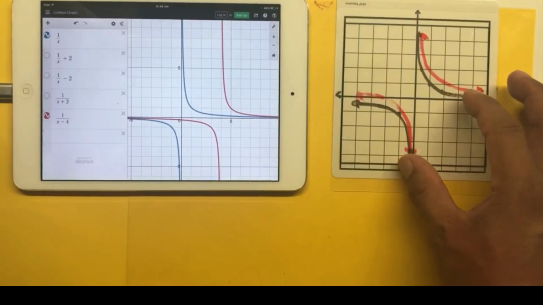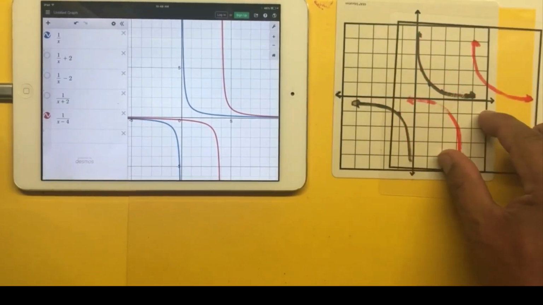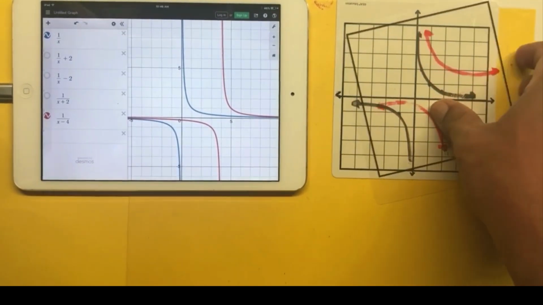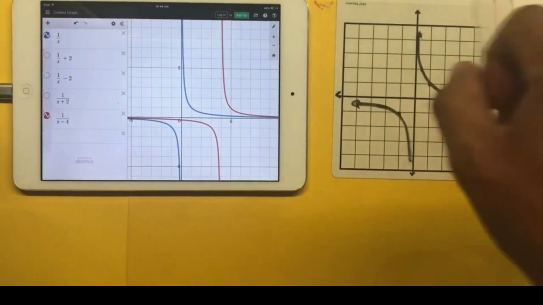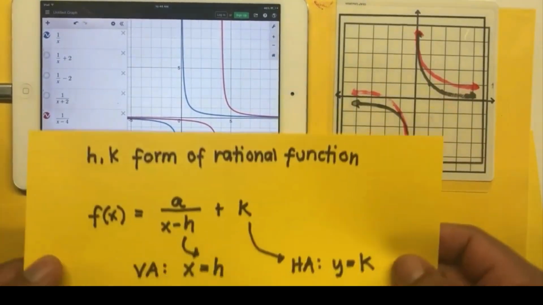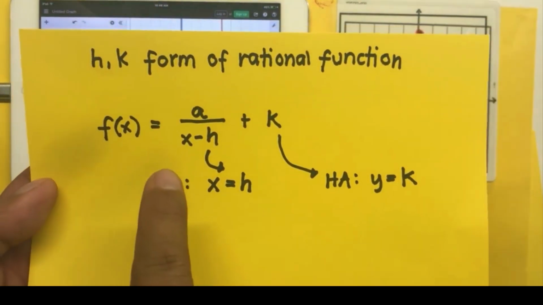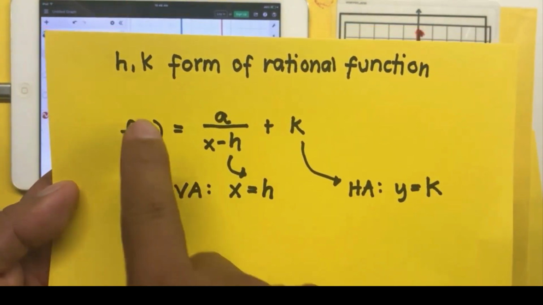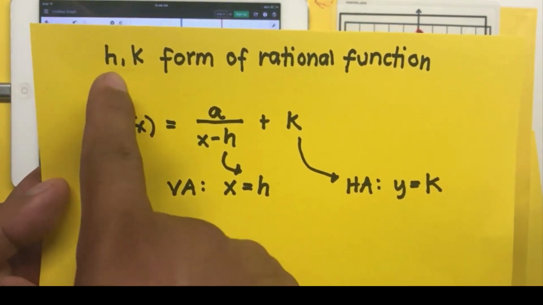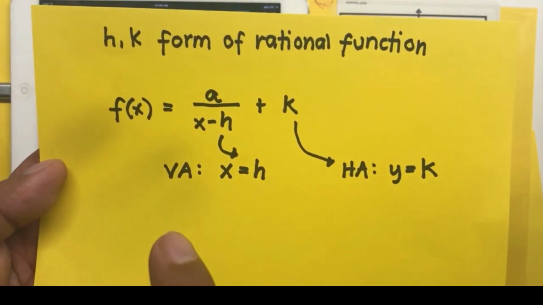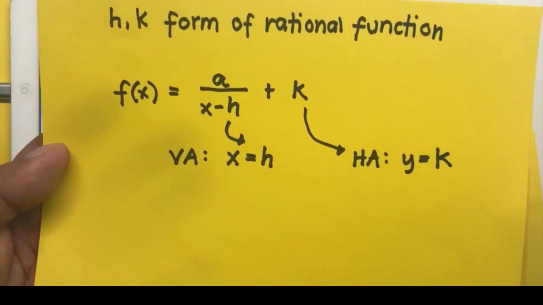These two transformations, the translation to the right or to the left and the reflection vertically or horizontally, are very, very important in order for you to understand the graphing of rational functions in the hk form, where the h and the k are called the asymptotes, the vertical and the horizontal asymptotes.